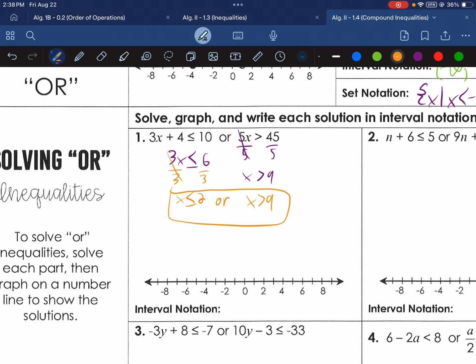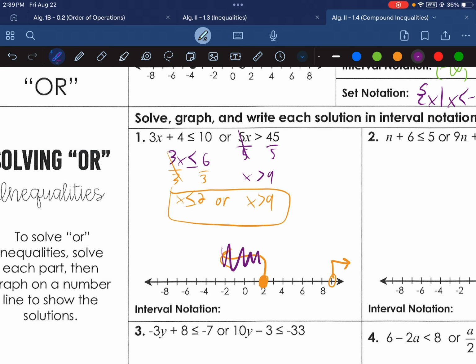The inequality on the left, it's a circle at 2, and it's a closed circle because it's or equal to, going to the left because those are the numbers less than 2. And then for 9, it's an open circle at 9 going to the right because those are bigger than 9. Or inequalities should be going in opposite directions because they do not overlap with each other.